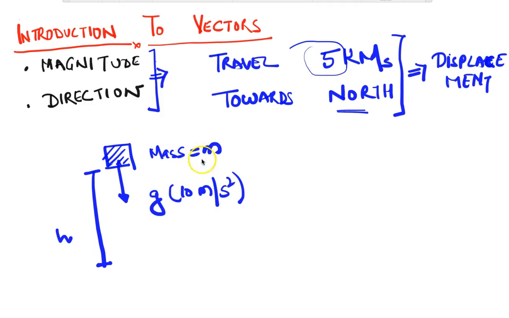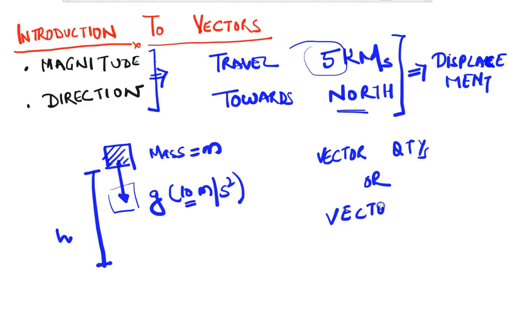Again, this has two senses. One, it is a direction, it will go downwards, and it has a magnitude, pulled with the gravitational acceleration of 10 meters per second square. So any quantities which have both a sense of magnitude and a sense of direction are called vector quantities, or simply vectors.